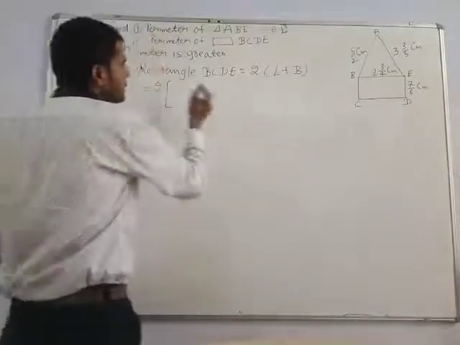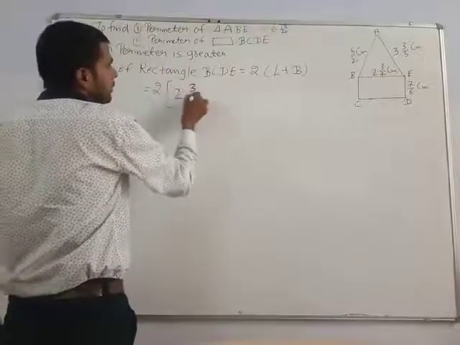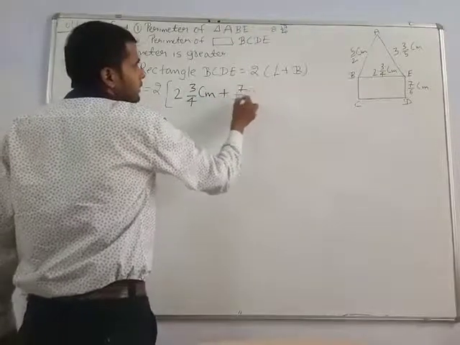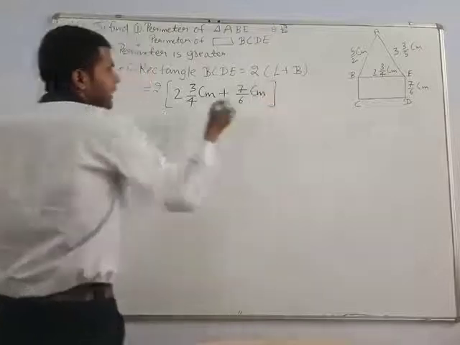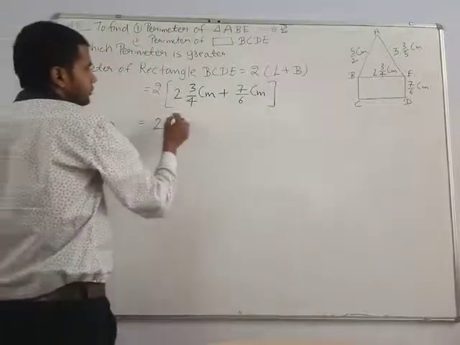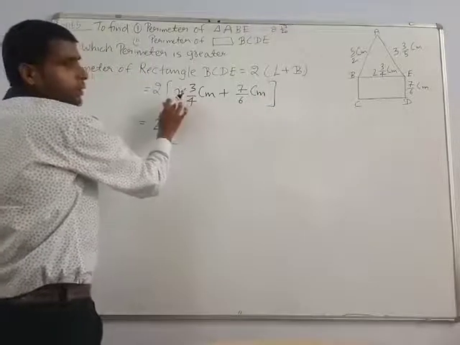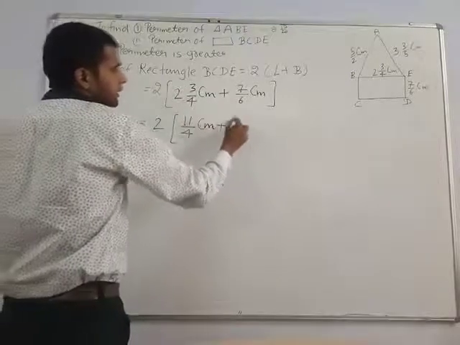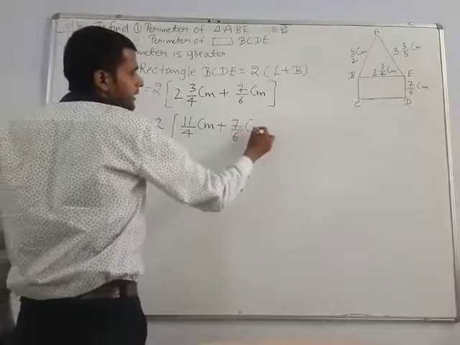Length is 3/4 centimeter plus breadth is 7/6 centimeter. 4 into 2 is 8, 8 plus 3 is 11/4 centimeter plus 7/6 centimeter.